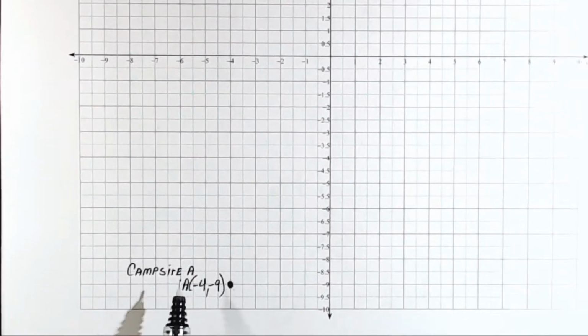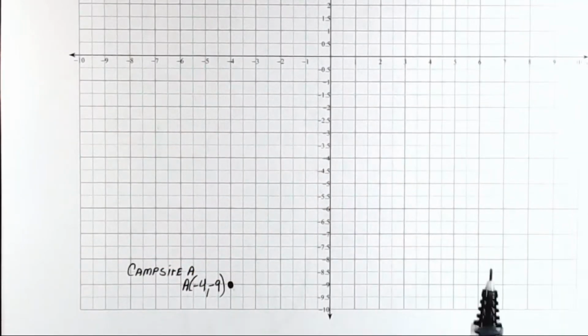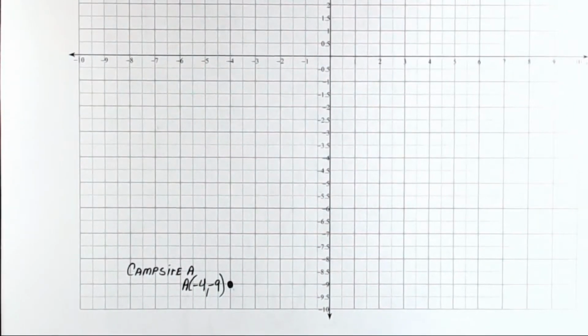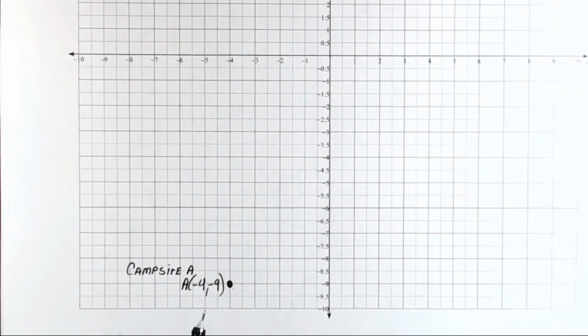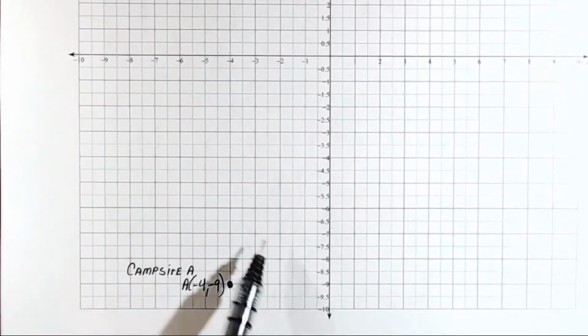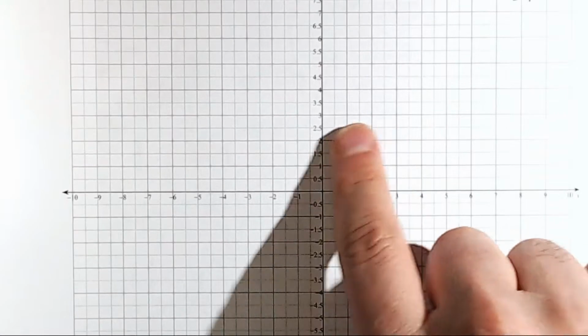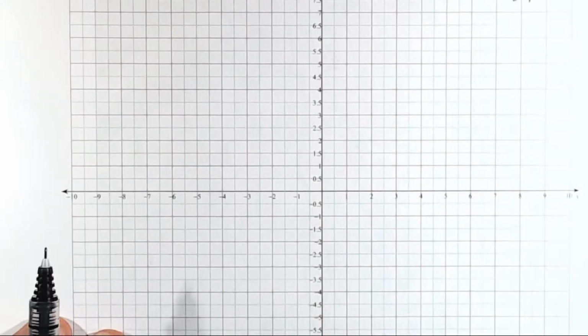In order to get from campsite A to campsite C, we're going to move to the right in the X direction, and we're going to move up in the Y direction. So that means we'll be adding. As we do this, we're going to be adding our fractional distances on the X and Y to the positions of campsite A in order to find campsite B, which is going to be located somewhere in here.